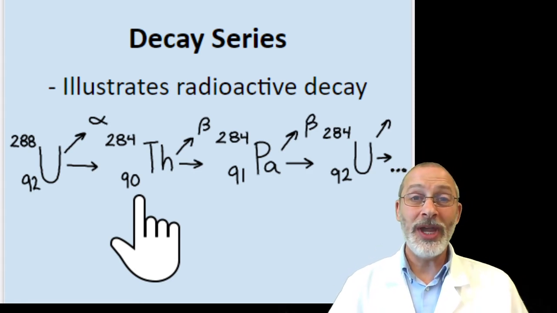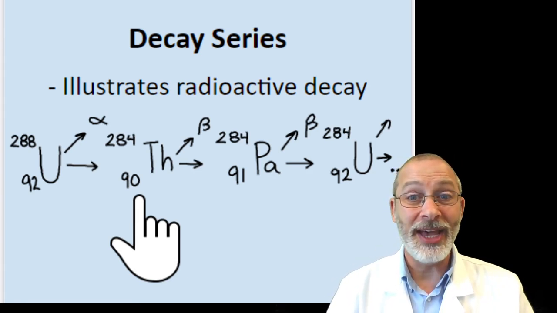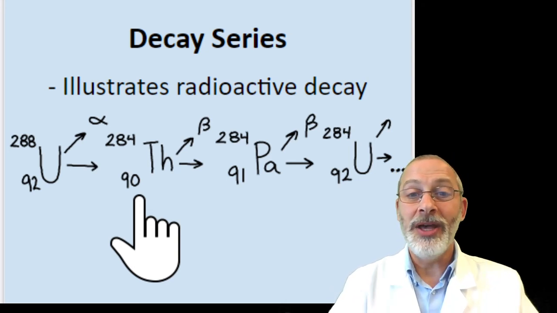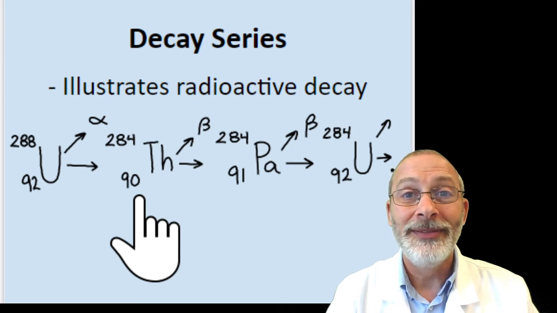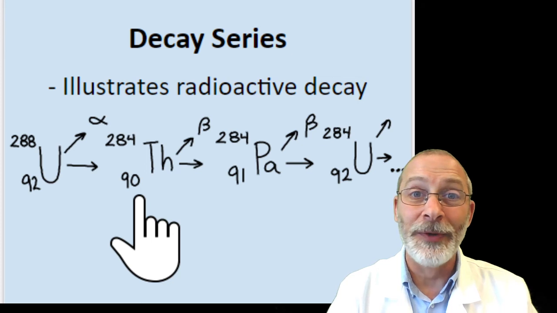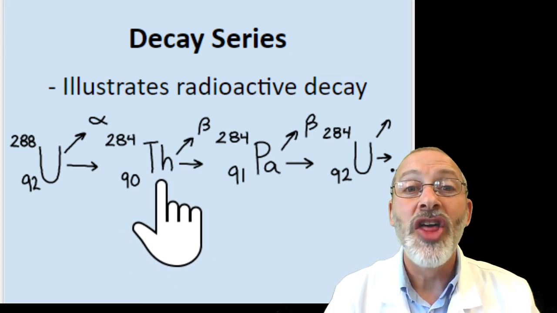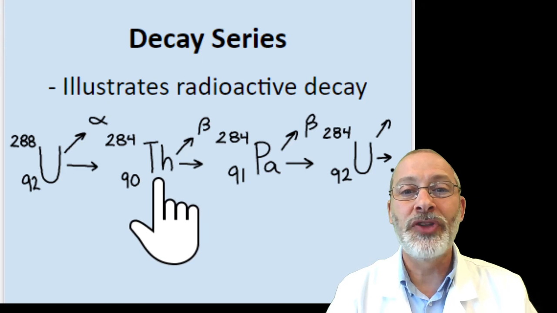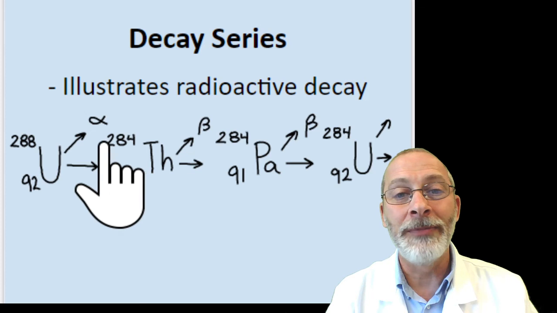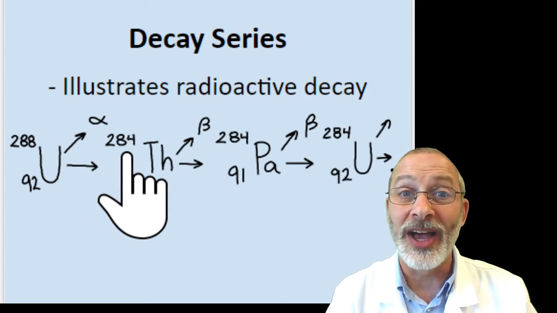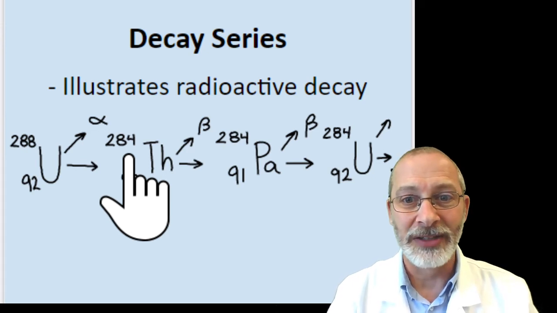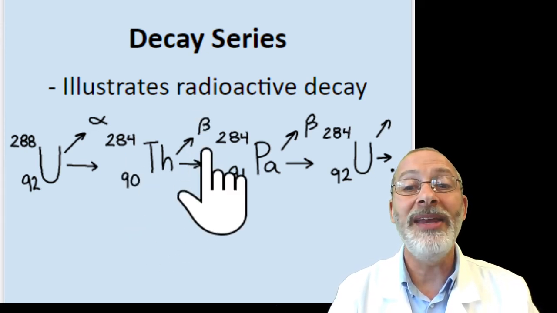When uranium-288 undergoes alpha decay, it's no longer uranium. It becomes a new element, element number 90, and if you look on your periodic table, that element is thorium. It becomes thorium-284.